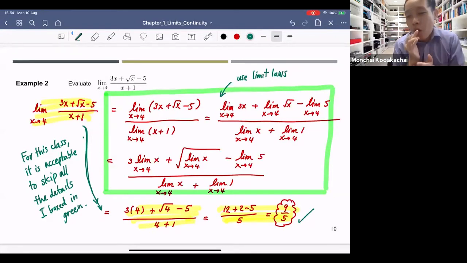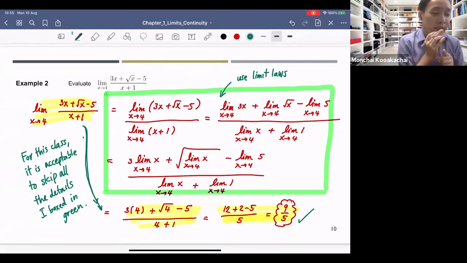So from now on, I'm not going to show you the box in green. I'm just going to use the bypass. I'm going to start from the one that I highlight in yellow, and that's all. I'm not going to show you the limit laws.